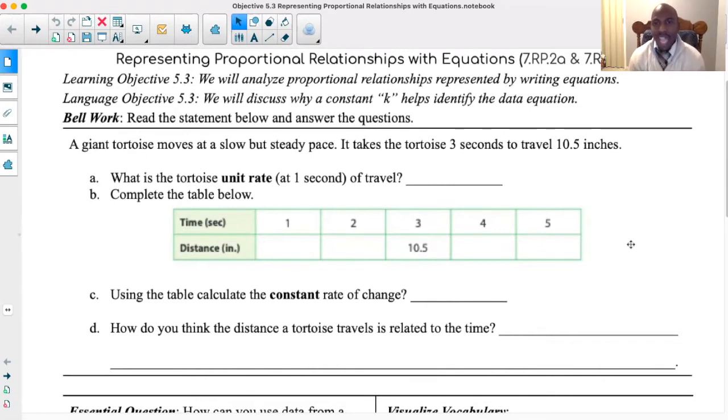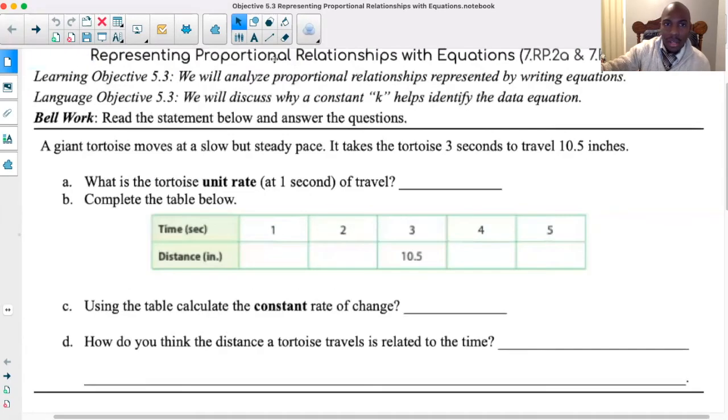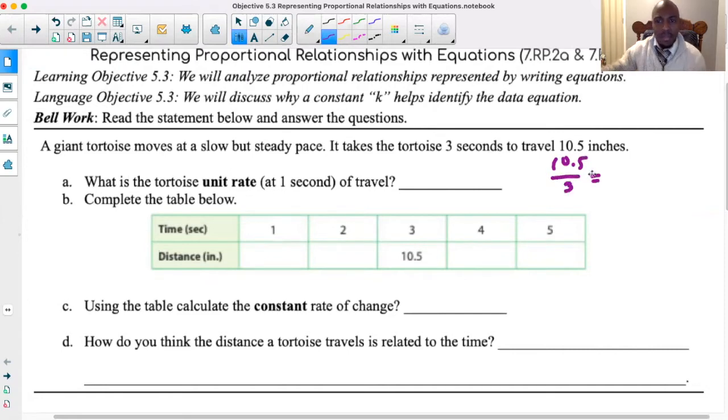All right. Now, this particular question is very repetitive, and I'm pretty sure when you started doing it, you were like, huh? What? Because you probably calculated the unit rate by doing 10.5 divided by 3, right? 10.5 inches divided by 3 seconds to find out how much it travels in 1 second.